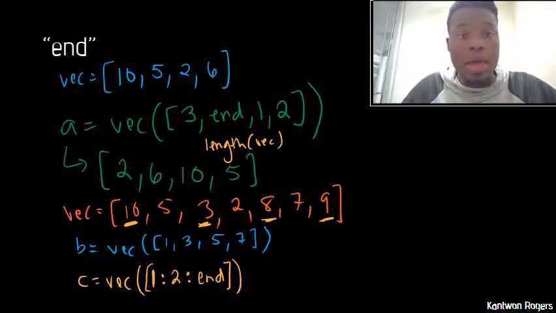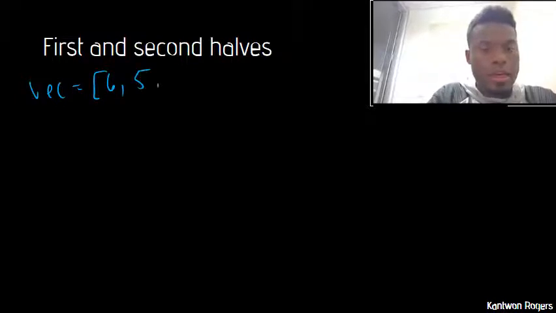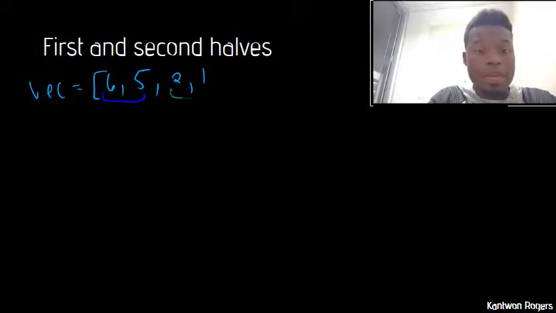And so using end in conjunction with the colon operator allows you to access multiple parts of a vector very easily. So let's say I wanted to index the first half and second halves of my vector. So if I had a vector that was 6, 5, 2, 1, the first half would be these first two numbers, and the second half would be these last two numbers.